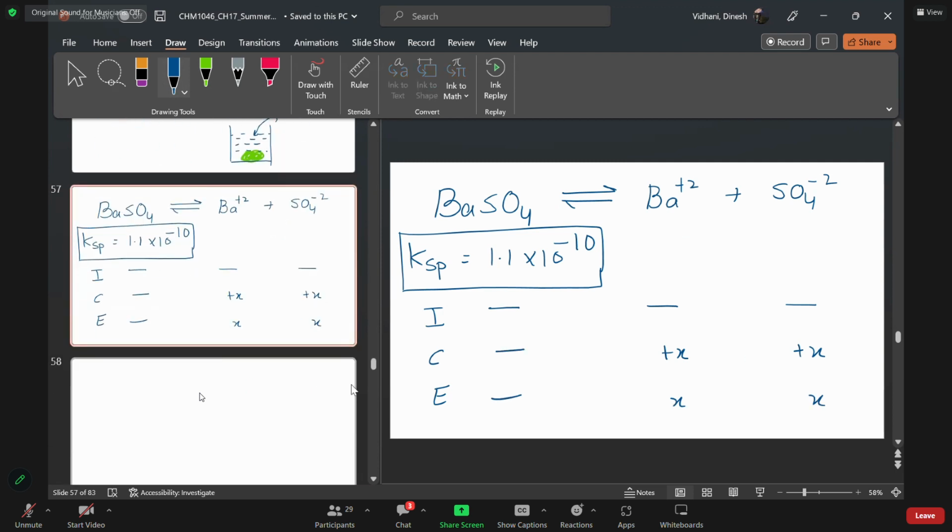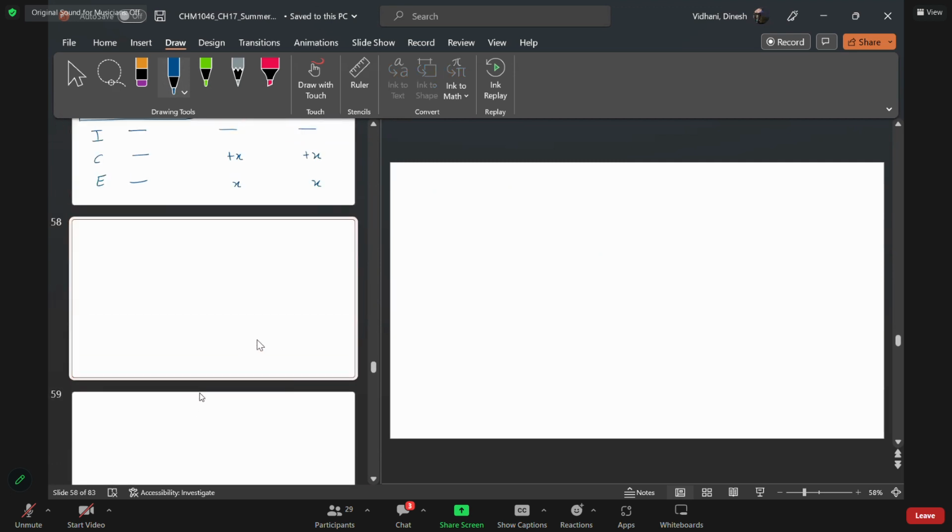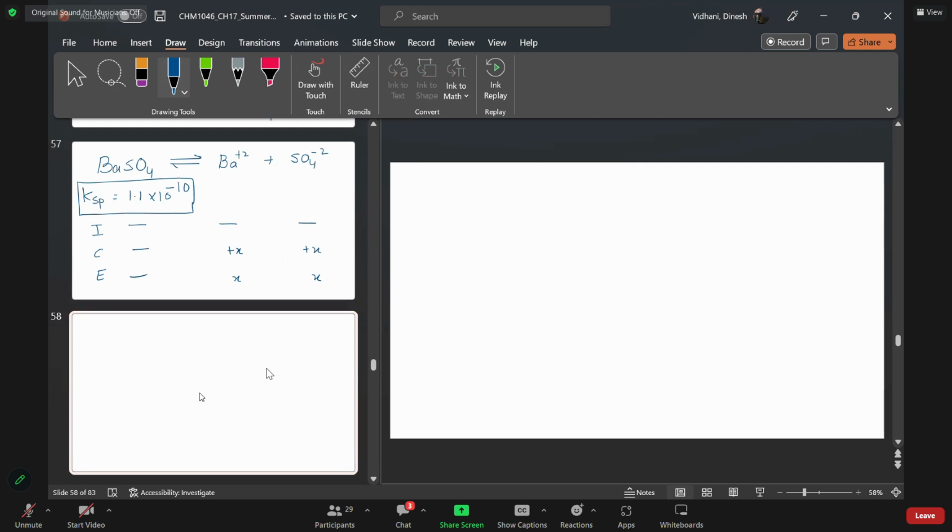Okay, so now you are given KSP. Can you find me the value of X, which is the concentration of barium ions in the solution? That would be equal to X, which is equal to the square root of KSP. What do you guys think?